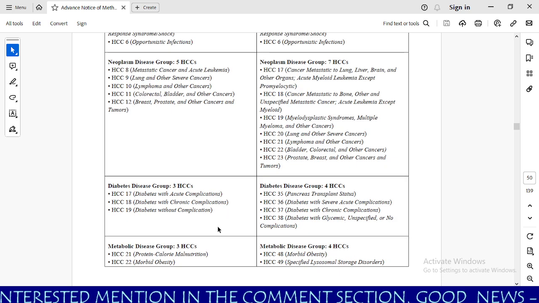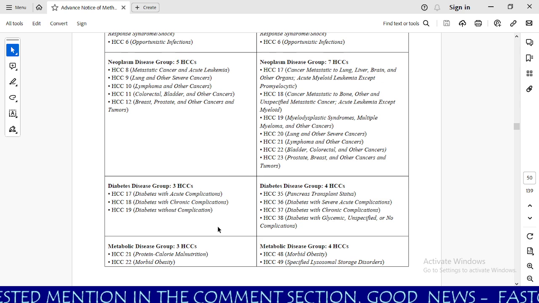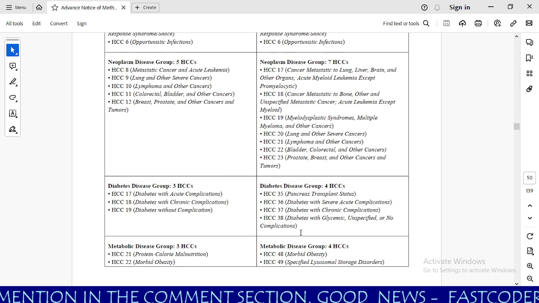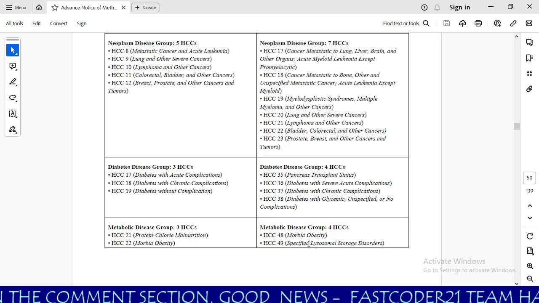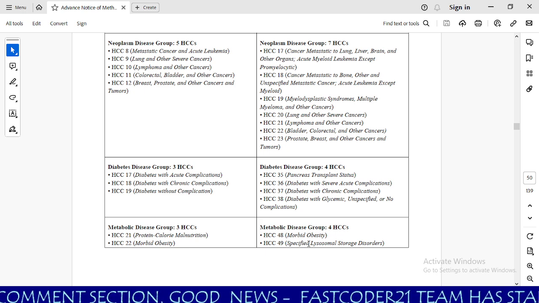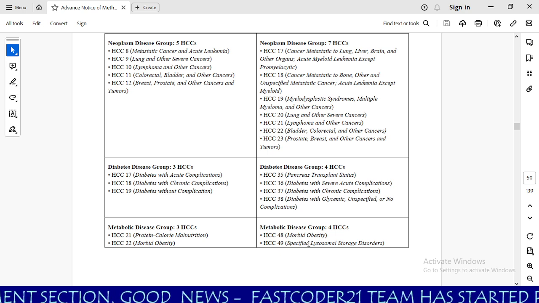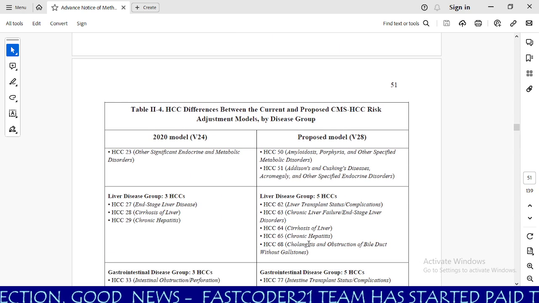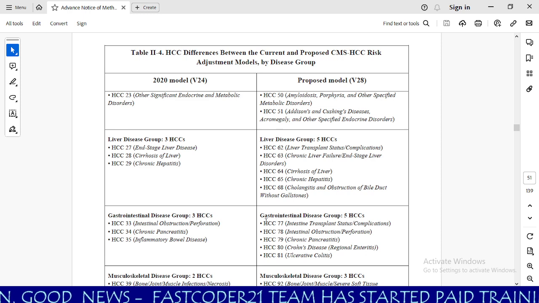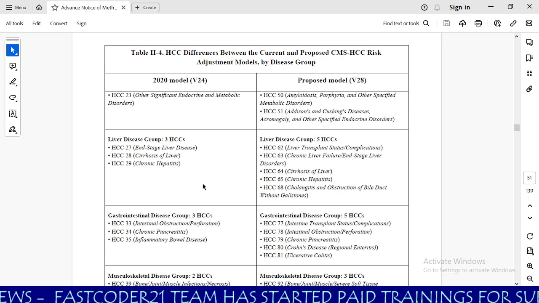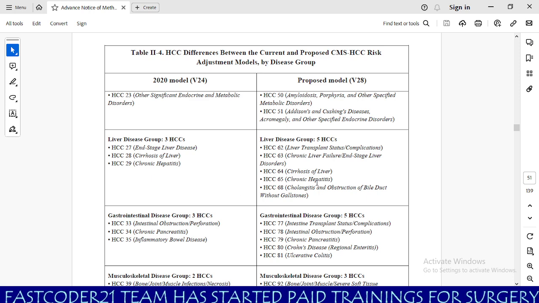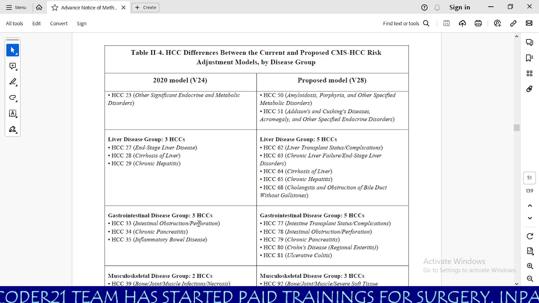If you see the diabetes group also, previously we have 3 HCCs, now we have 4 HCCs. Metabolic disease we have 3 HCCs, and in 2024 or version 28 we are going to have 4 HCCs. And in the liver disease group we have 3 HCCs in 2020, and 5 HCCs in 2024.